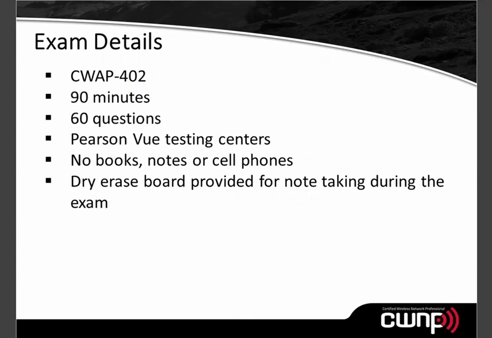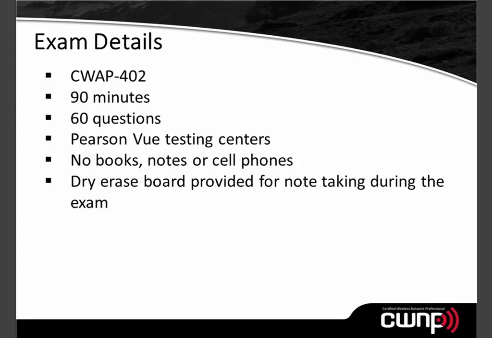Now, let's talk about CWAP and begin with the exam details. First of all, as we're moving forward with all of our certifications, the naming has changed as to what you're looking for at the Pearson VUE website. Instead of the old PW0 that was there for so many years, and all of the certifications started with that three-letter form, PW0, now the certifications start with their certification name, which makes it a lot easier.